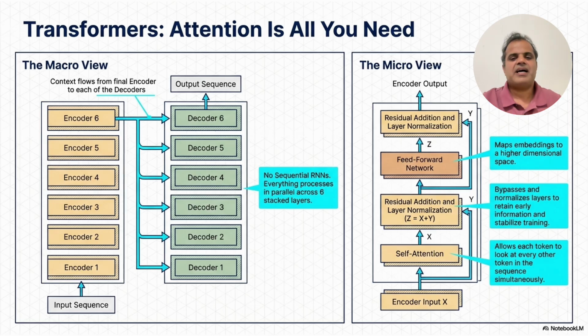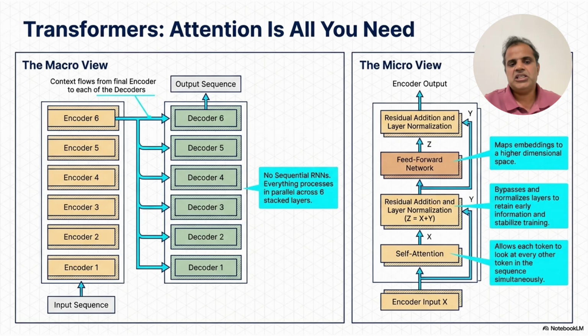The transformer architecture replaces sequential recurrent loops entirely with parallel processing. Looking at the macro view, the model coordinates 6 stacked encoder layers directly with 6 stacked decoder layers, allowing context to flow universally. In the micro view inside an encoder, we see the internal sublayers.